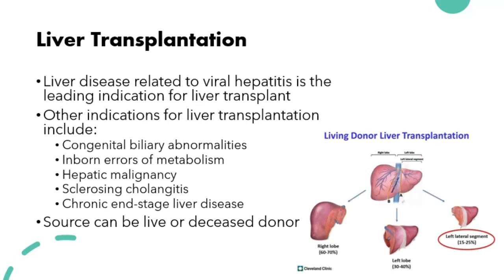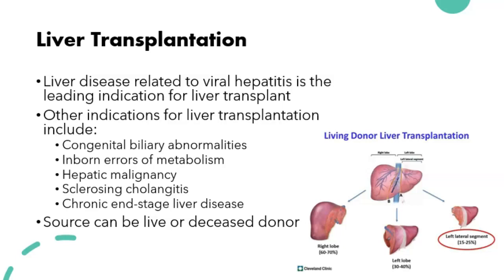Liver transplantation. So liver disease that's related to viral hepatitis is going to be the leading indication for a liver transplant. Other indications for liver transplantation: congenital biliary abnormalities, inborn errors of metabolism, if there is cancer of the liver, chronic end-stage liver disease.